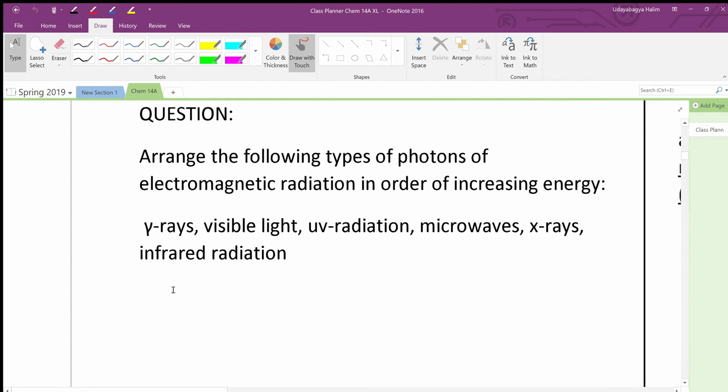So which of these lights is the highest energy? We have gamma ray, visible light, UV, microwave, X-rays, and infrared radiation. Which one is the highest? Yeah, verbally. It's a short one, so gamma rays is going to be the highest.